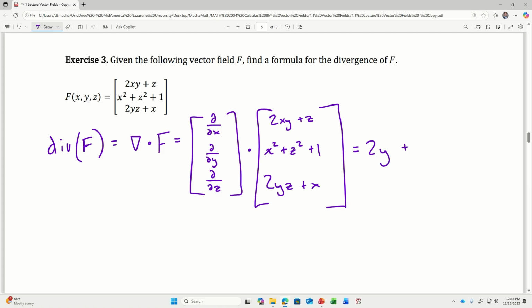And then we're going to take the partial with respect to y of x squared plus z squared plus 1, which is 0. And then we're going to take the partial with respect to z of 2yz plus x. What's that? 2y. So the divergence of F is just 4y.